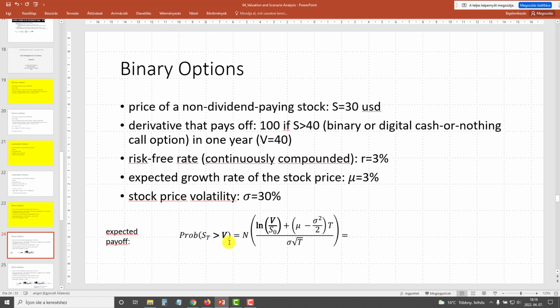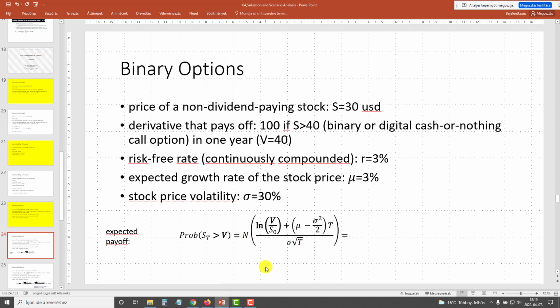So we have to do many things after that, but at least we have the probability here. So we have normal distribution, we have all this data inside of it. So let's do the math. So first we will calculate this one, then we will utilize the normal distribution function, and then we will continue.